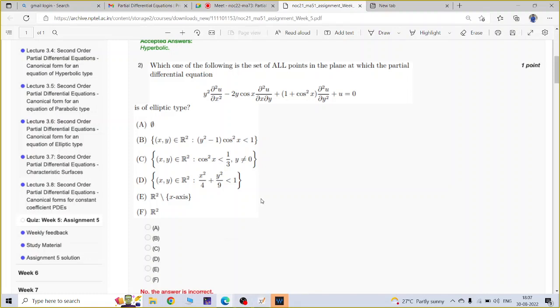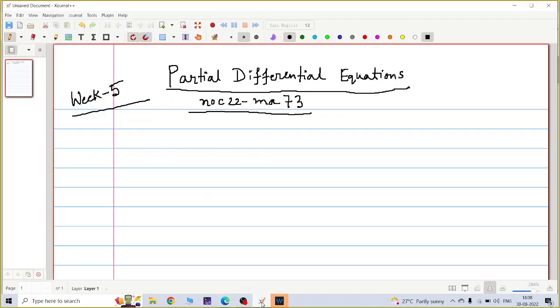Elliptic curve. So the question is: which one of the following is the set of all points in the plane at which the partial differential equation is of elliptic type. So I will first write the equation. Question number 2.